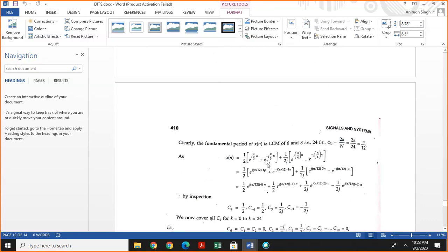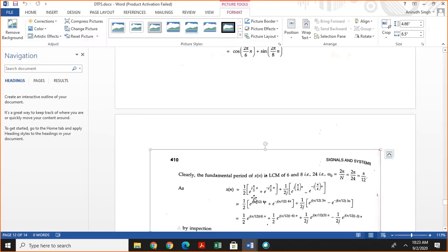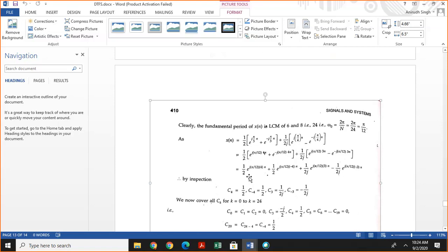Then we write cos omega n in exponential form and sin omega n in exponential form, and then by rearranging this equation we can write this equation in this form, and then calculate the values of c4, c minus 4, c3 and c minus 3.